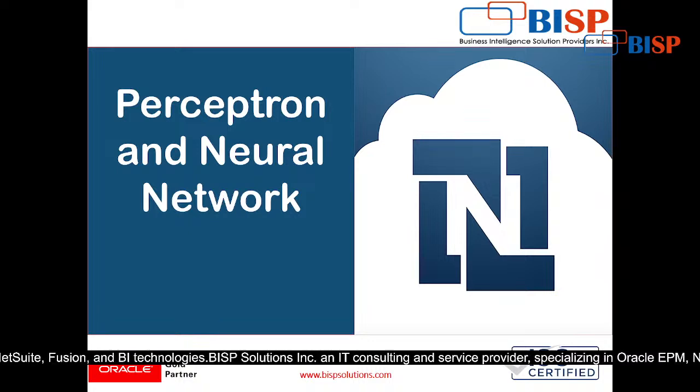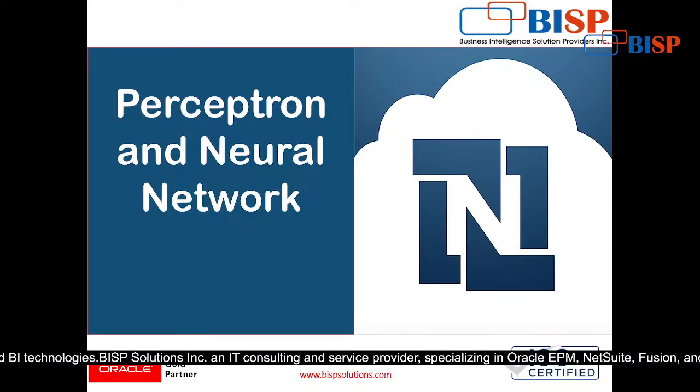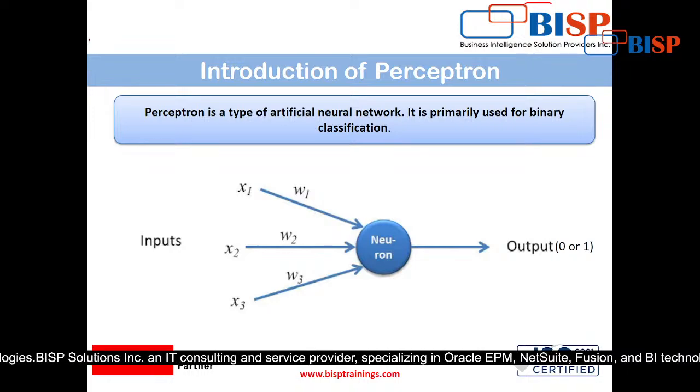There could be many criteria, for example the background of the students, in which school the student passed, in what session, how many percentage the student gained. Based on these criteria we do the predictions. So if you see in this image, Perceptron is a type of artificial neural network. It is primarily used for binary classification, either yes or no.